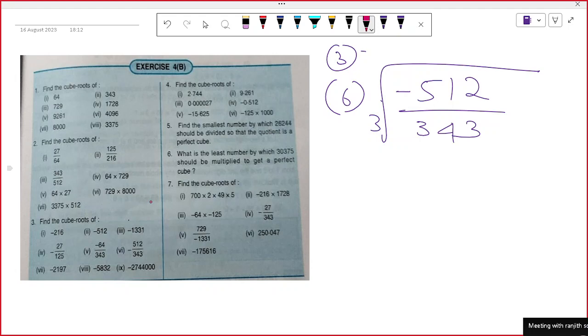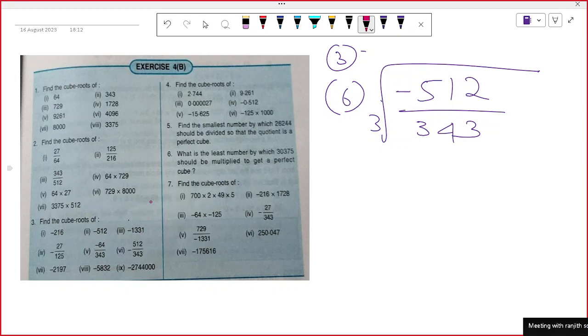I'm solving the question, sir. Can I answer this question? Yes, answer this, Diyashri.